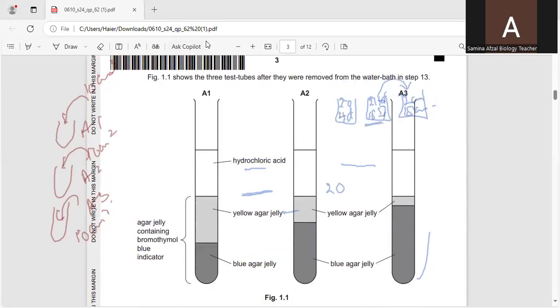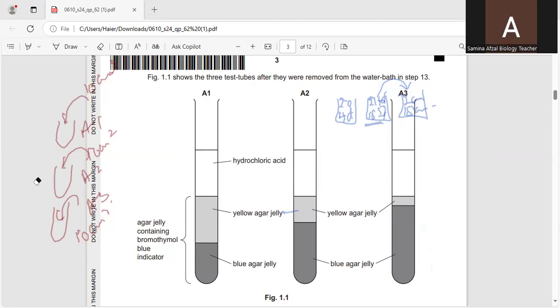Now you can see the 3 test tubes and the difference in the yellow agar jelly. The height of the yellow agar jelly is different in all these 3 test tubes.